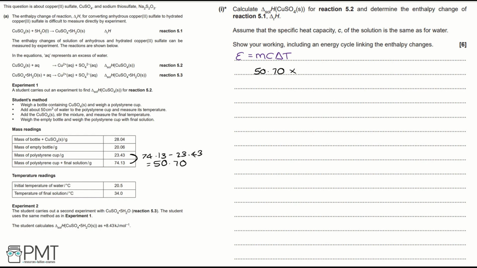So we have 50.70 multiplied by, we're told that C is the specific heat capacity of water, because it's the same as water. So looking at our data sheet, that's 4.18. Then multiplied by the temperature change, which is the difference of these two. So that's 34.0 minus 20.5, and that equals 13.5 degrees Celsius.